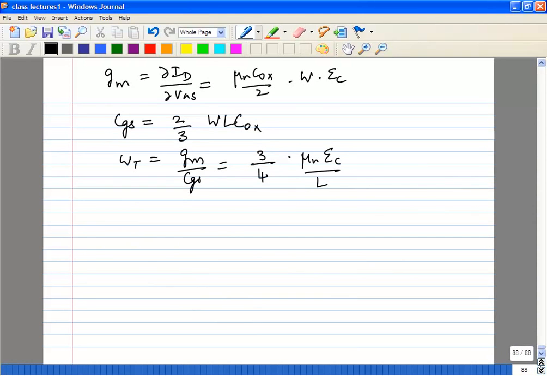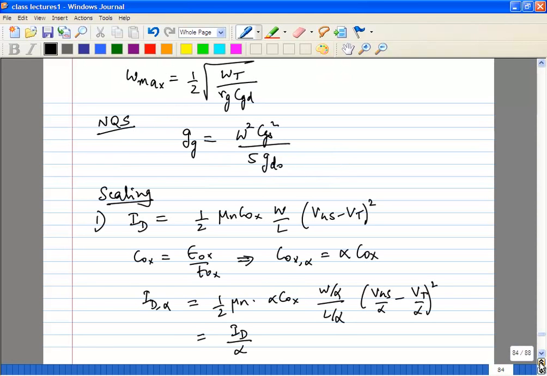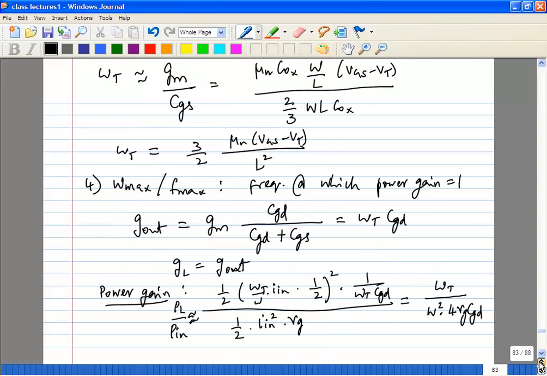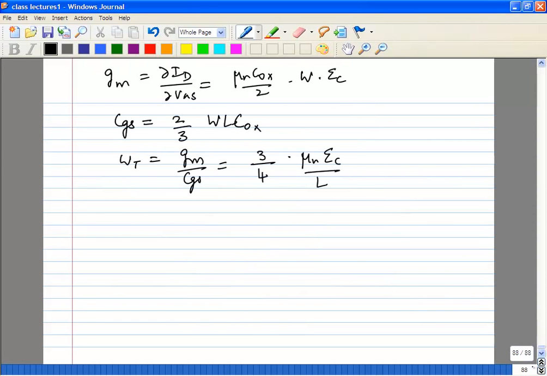Okay, so if you compare this to the previous case, what do you see? Earlier, omega t used to depend on, let's look at the earlier value. This was the earlier expression, right? Omega t depended on VGS minus VT and 1 over L squared. What you now see here is it no longer depends on VGS minus VT.